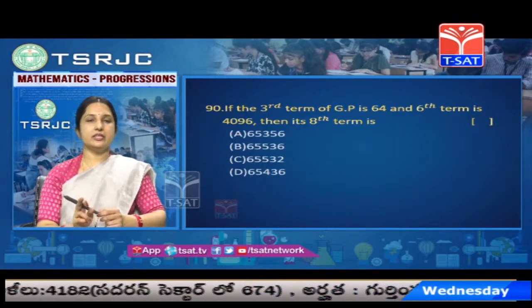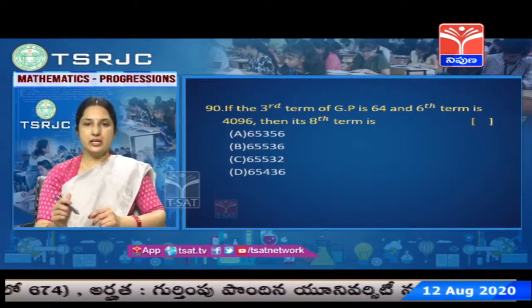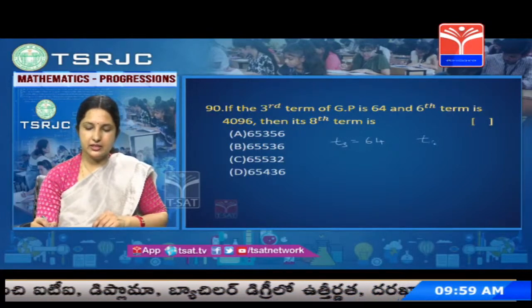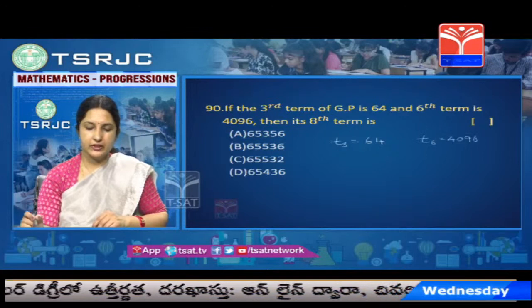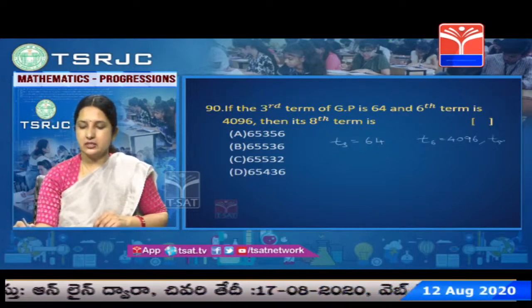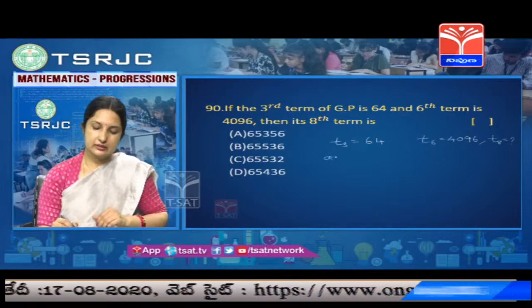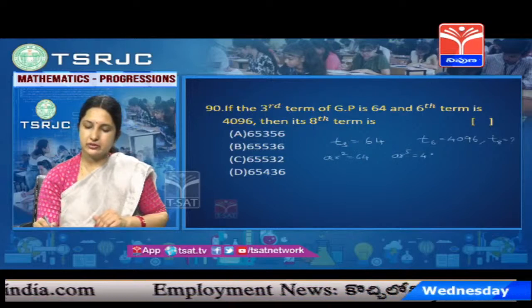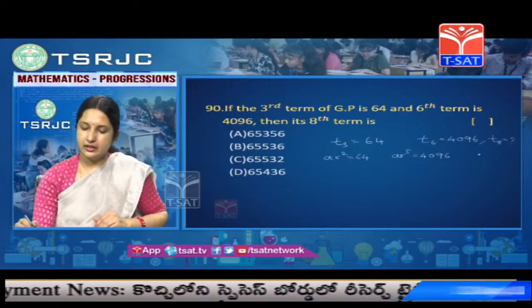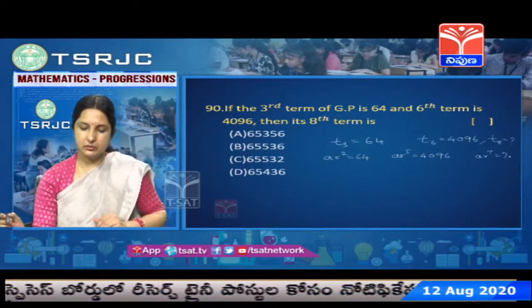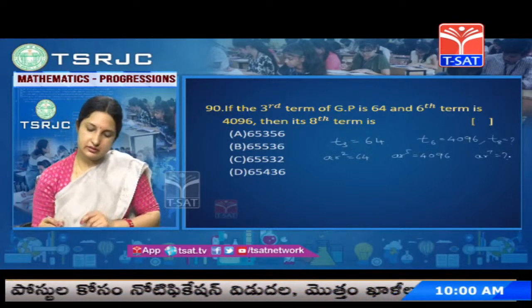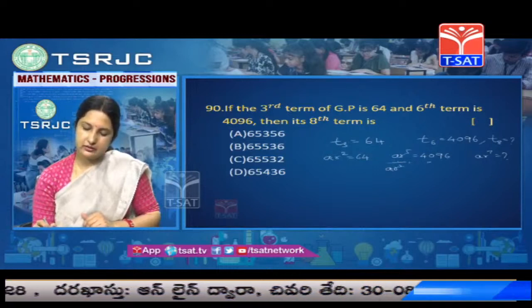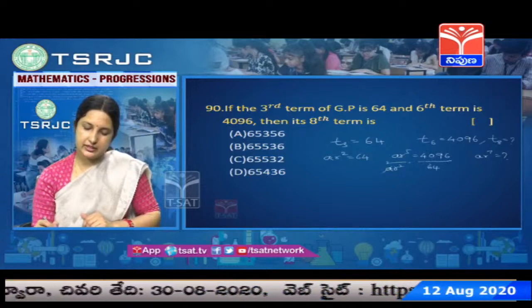Question number 90. If the third term of a GP is 64 and the sixth term is 4096, then what is its eighth term? Third term: AR square equals 64. Sixth term: AR to the power of 5 equals 4096. We have to find AR to the power of 7. Divide the second one by the first one, by 64, and A gets cancelled.